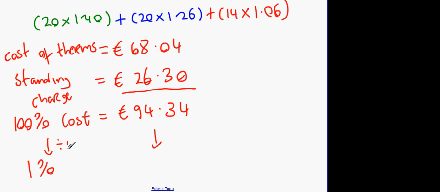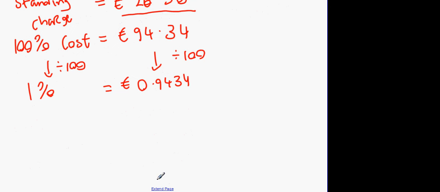So you divide both sides by 100, and you get 94.34 divided by 100, which is €0.9434. Now we multiply this by 112.5 to get 112.5%, and that's the total bill.